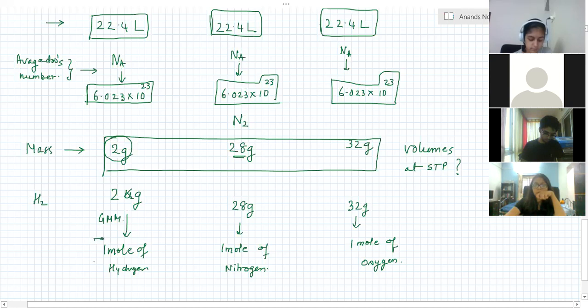So therein comes the mole concept. Don't get confused by mole to be a short form of molecule. No. Mole is a unit.